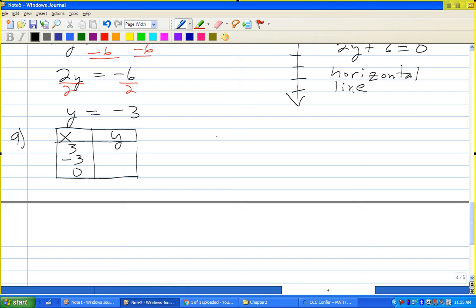And I want to sketch the graph of y equaling -2/3 x plus 3.